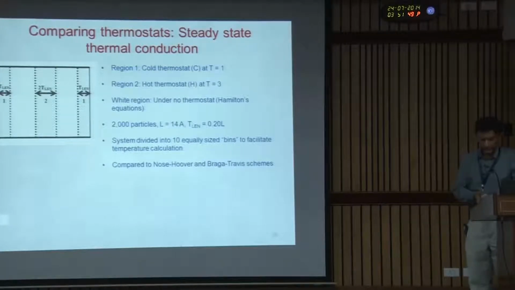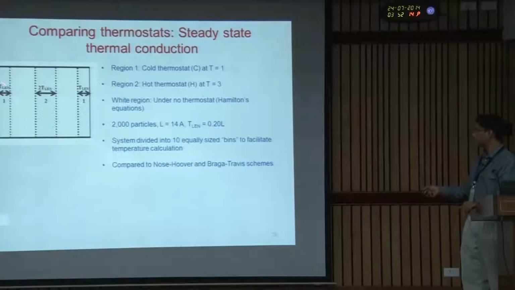So this is one of the very important benchmark problems that one should solve when comparing thermostats or finding the efficacy of different thermostatic schemes. So steady state thermal conduction, we have 2 reservoirs, one at high temperature, and this is a periodic system. So on the left we have a cold reservoir, and on the right also, and the system is basically between these 2 that we are studying.